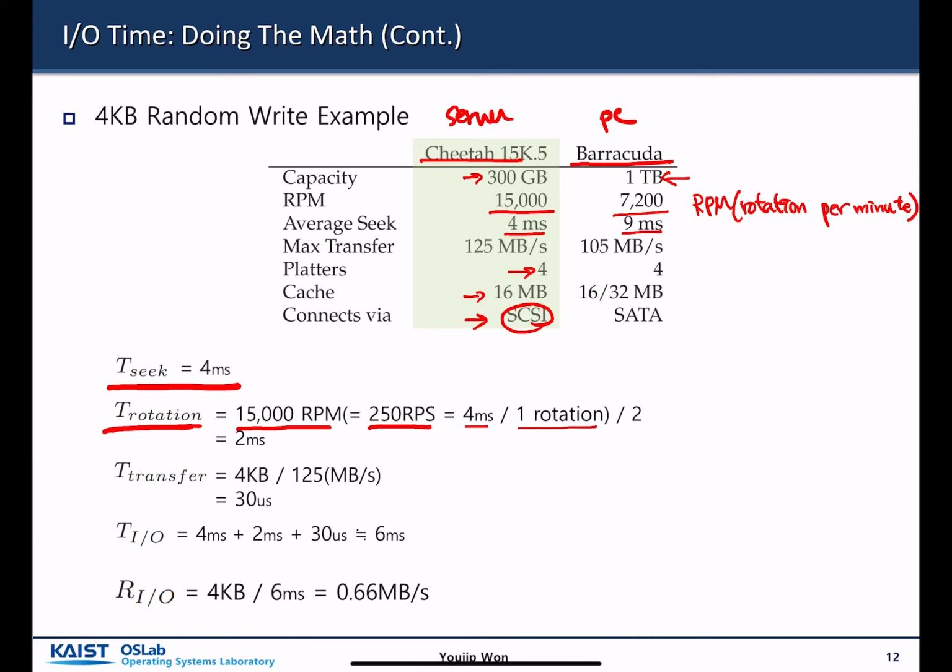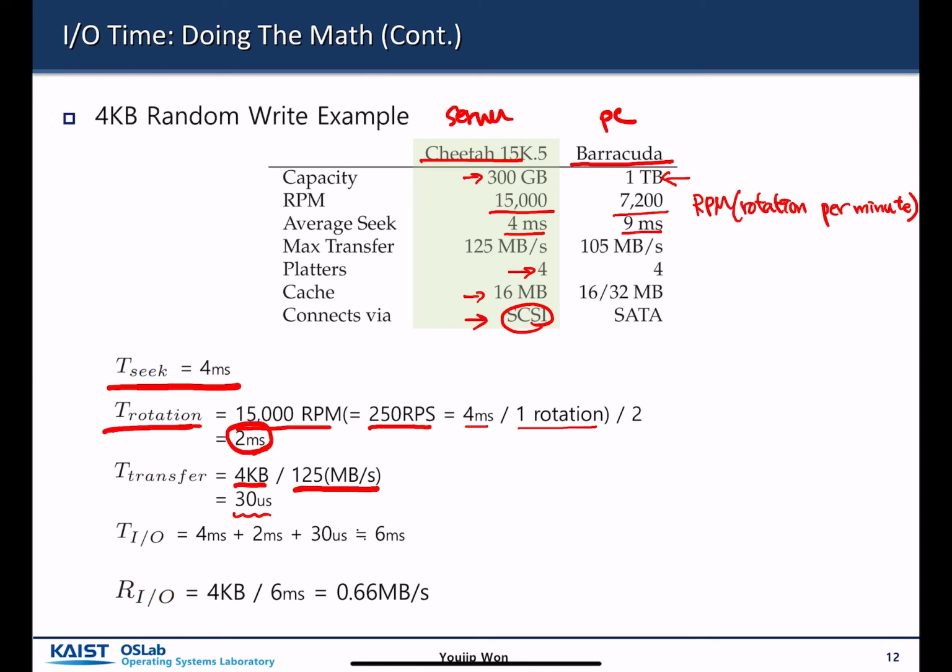If you divide it by 2, the average T-rotate corresponds to 2 milliseconds. The T-transfer is 4 kilobytes divided by 125 megabytes per second. If you transfer 4 kilobytes at 125 megabytes per second, the time to transfer a single 4 kilobyte block corresponds to 30 microseconds.